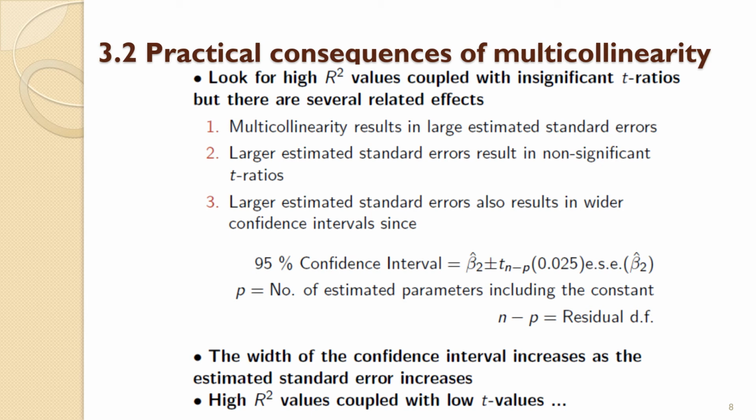So you might get unusually large estimated standard errors. These then lead to these non-significant t ratios. Large estimated standard errors also result in wider confidence intervals, precisely because if you compute the confidence interval, you have something that's multiplied by the estimated standard error, and as the estimated standard error increases, so does the amount of error on either side of the estimate.